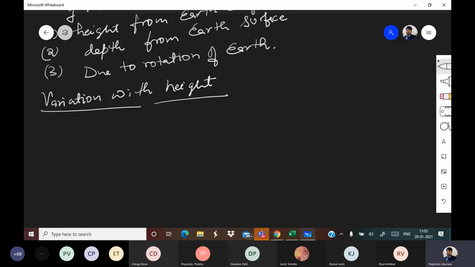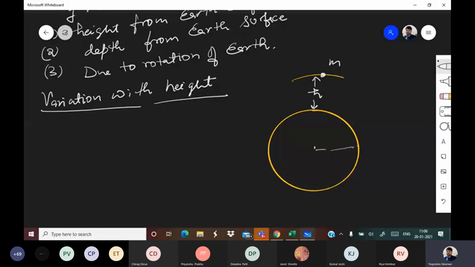Now, suppose this is Earth. Okay, and you want to know how much is G at some place which is at small h height above the Earth's surface. F will be how much?